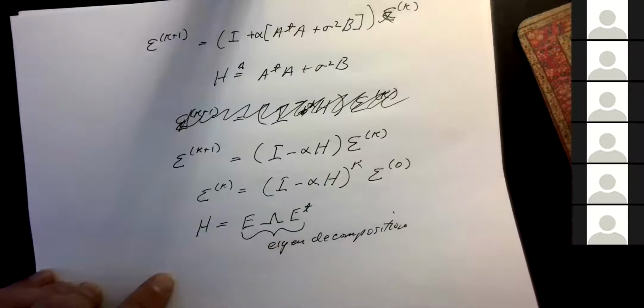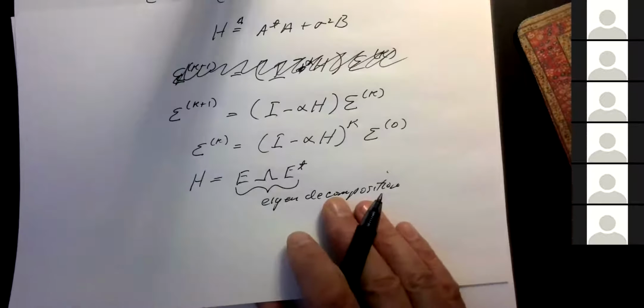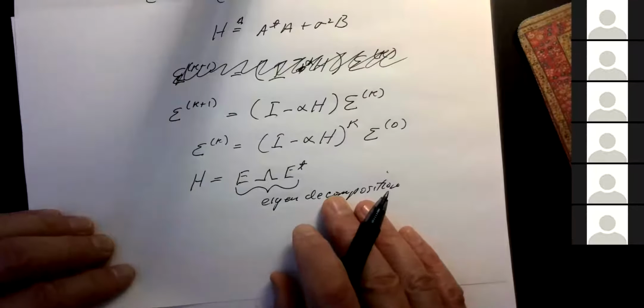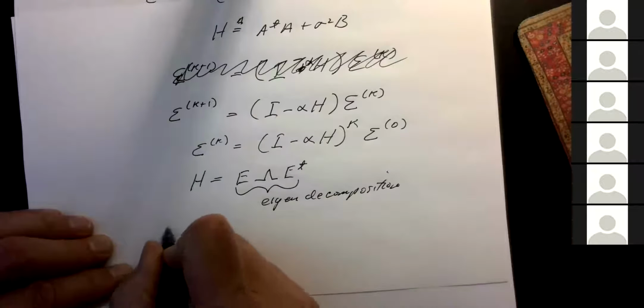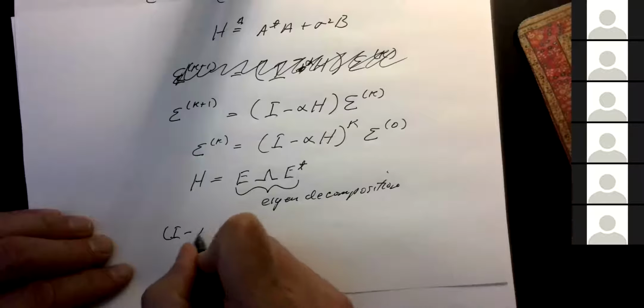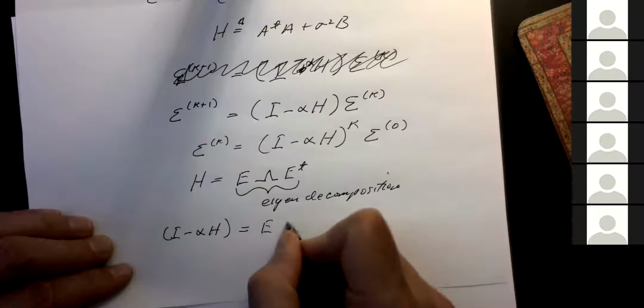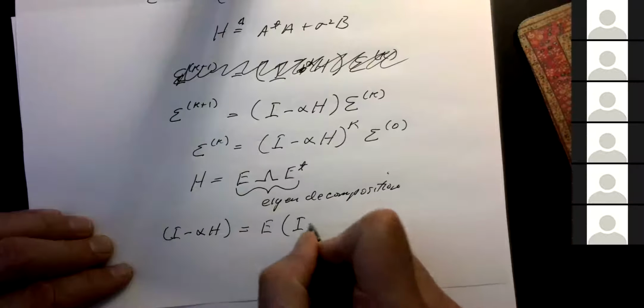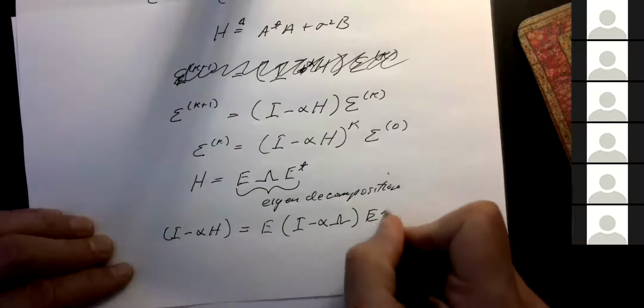So that's the eigen decomposition. What ends up happening is that I can substitute that in, and what I get is that I minus alpha H is equal to E times I minus alpha lambda times E transpose.